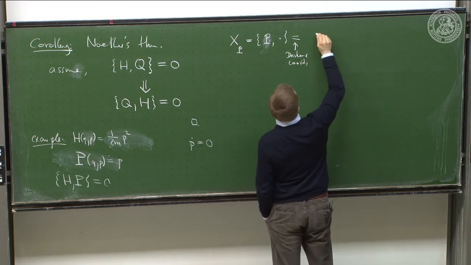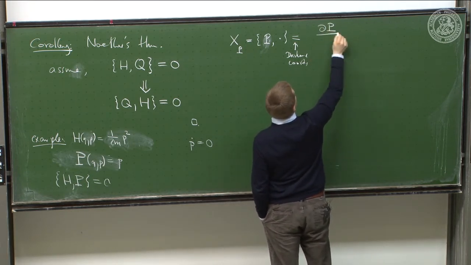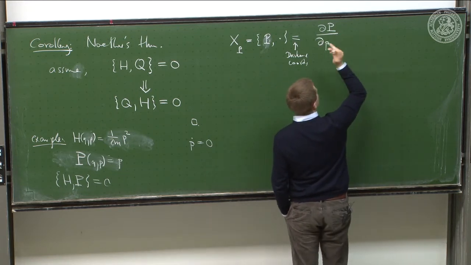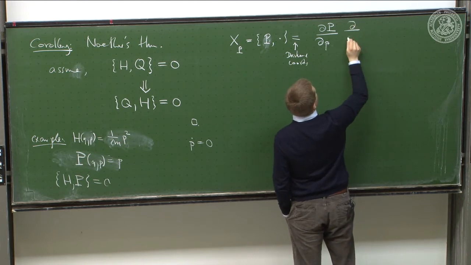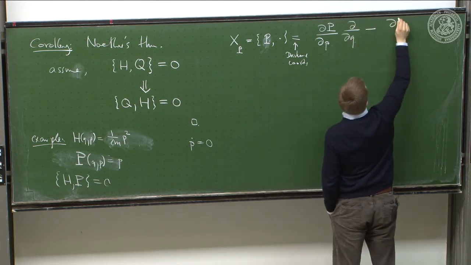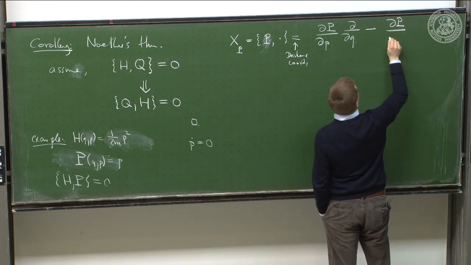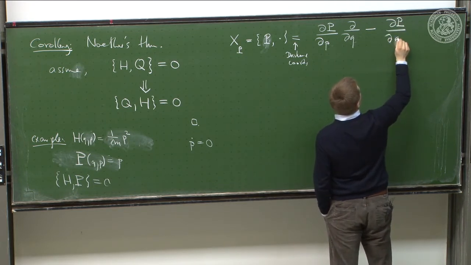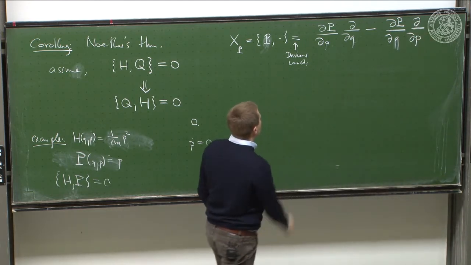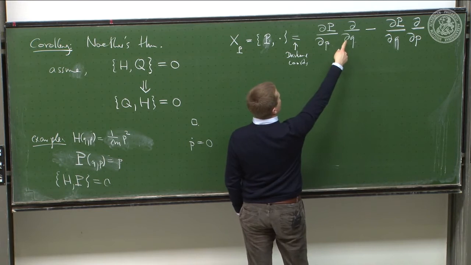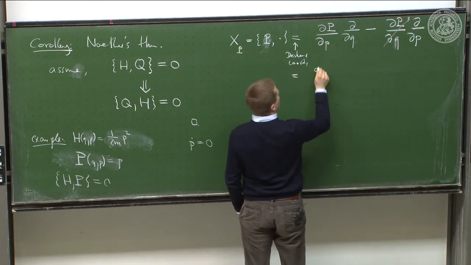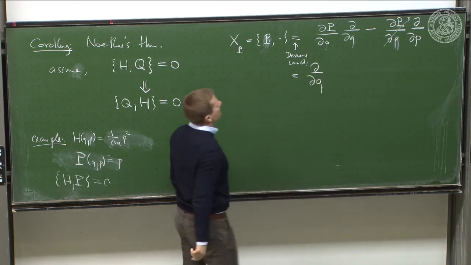So we get here dP/dp, yet now it's little p. There's usually an index, well now there isn't, d/dq minus dP capital/dq little q d/dp. Aha, but the capital P is just a small p, so this term goes out, that's 0, this term is 1, so this is d/dq.